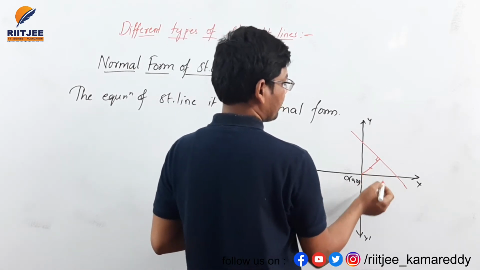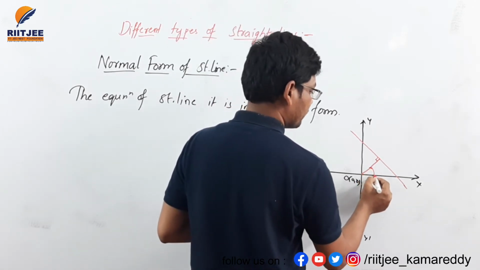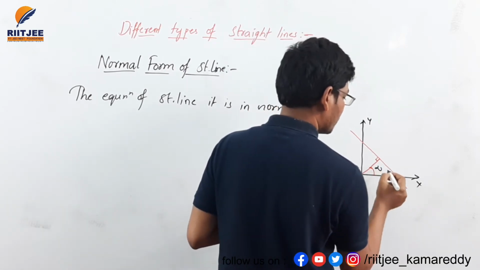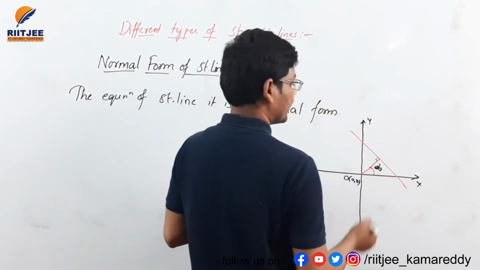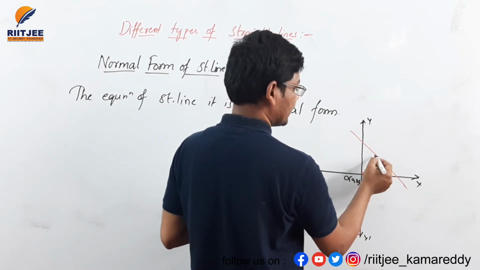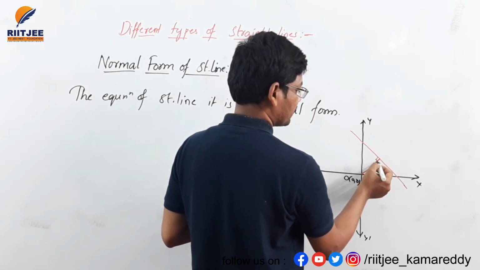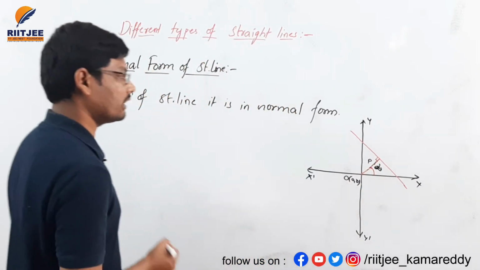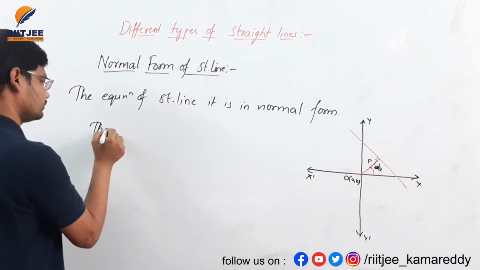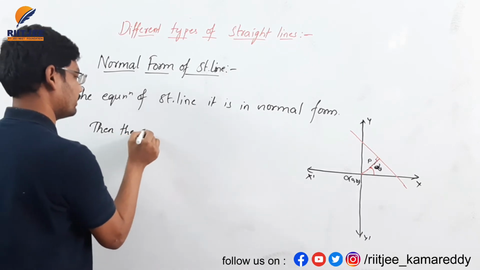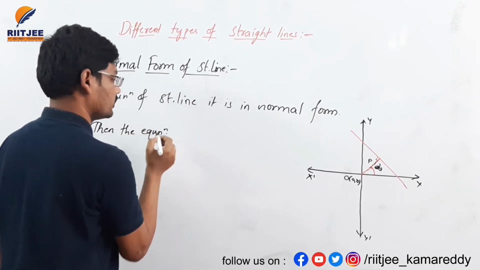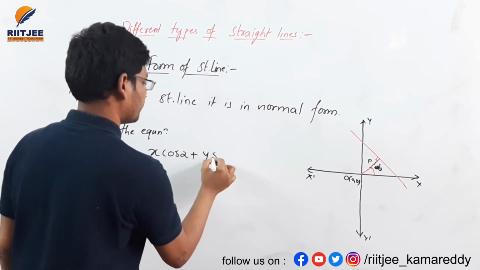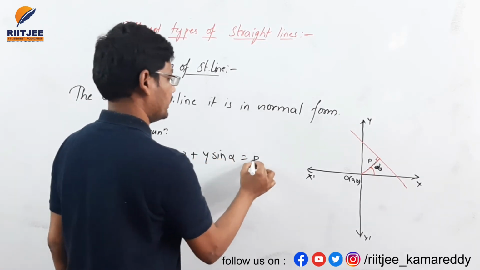The angle made by the normal with the x-axis is alpha, and the length of the normal I am taking as p. Then the equation will become x cos alpha plus y sin alpha is equal to p.